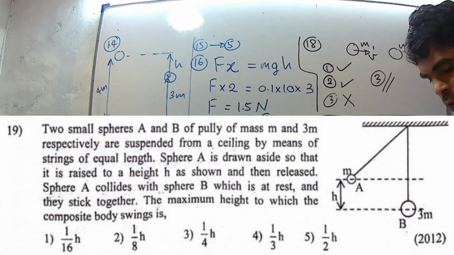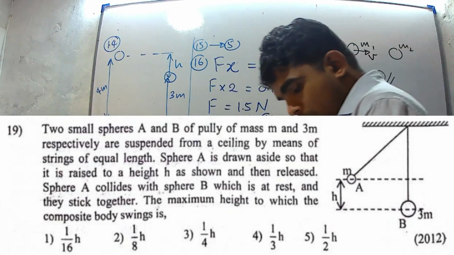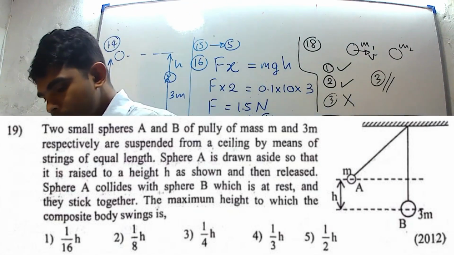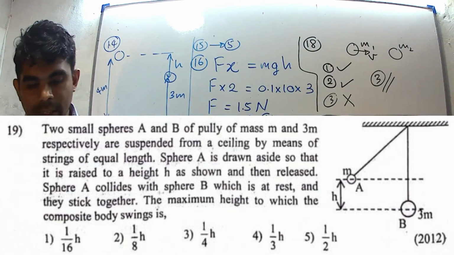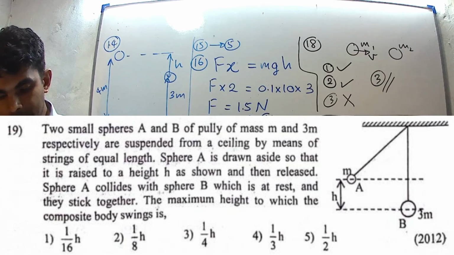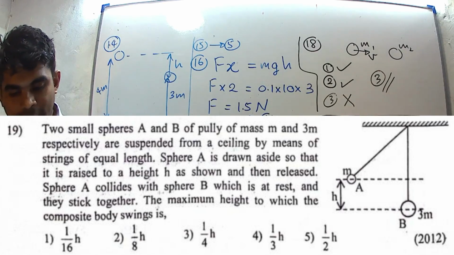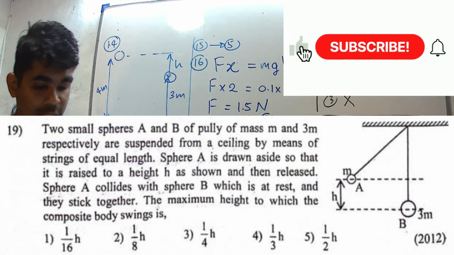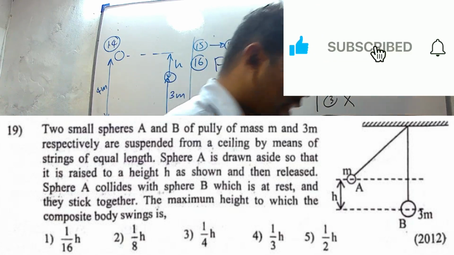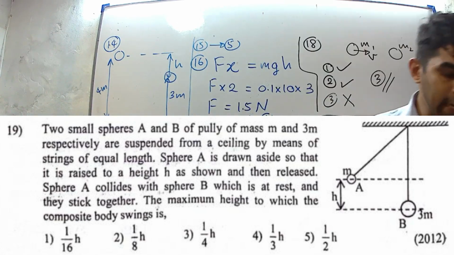19. Two small spheres A and B of mass m and 3m respectively are suspended from a ceiling by means of strings of equal length. Sphere A is drawn aside so that it is raised to a height h as shown, and then released.